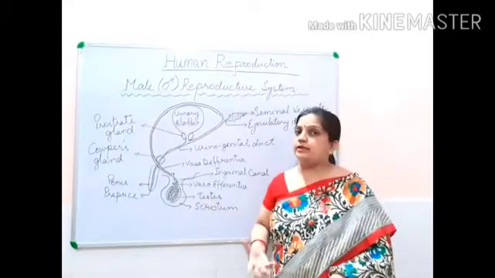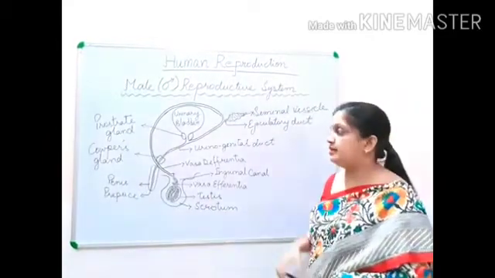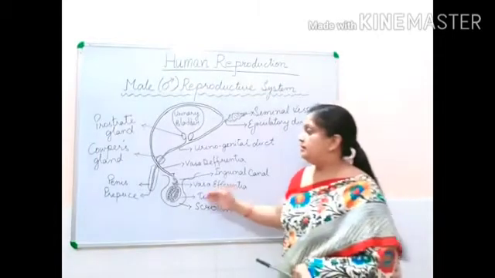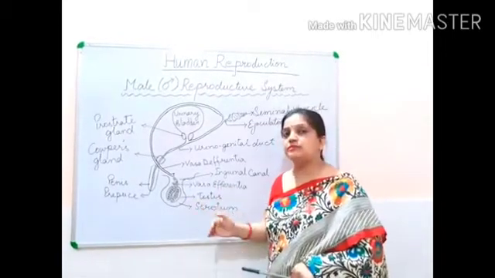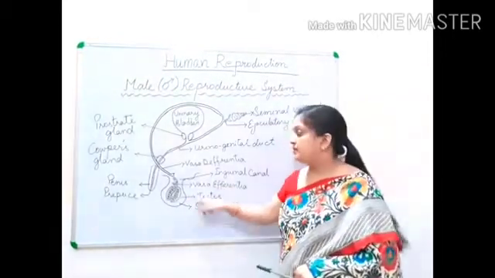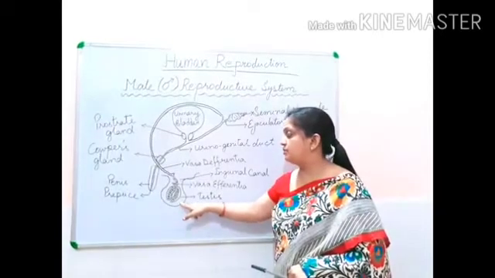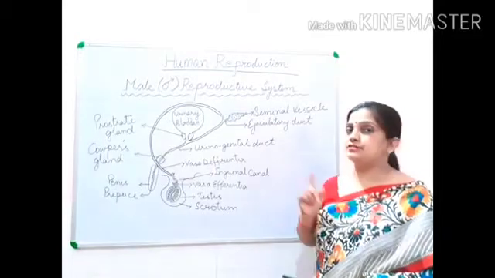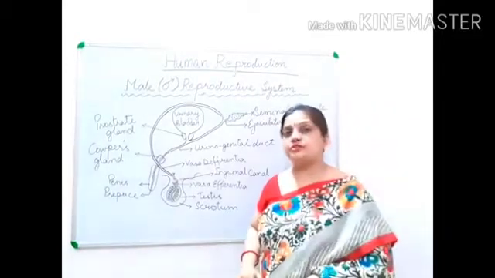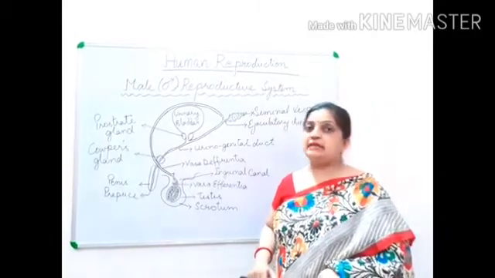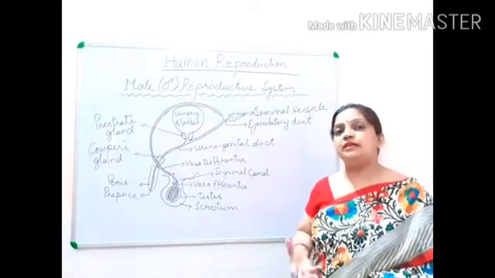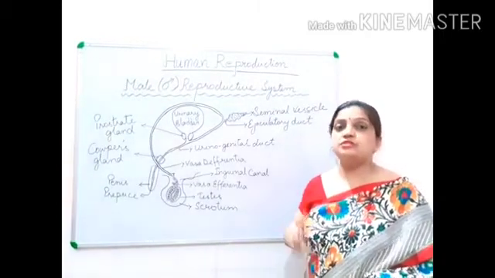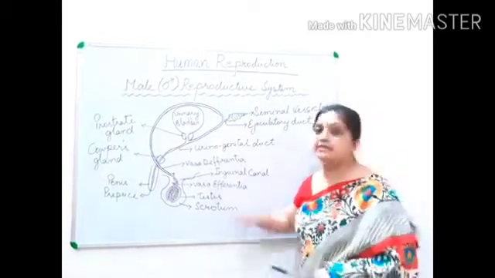Scrotum is a pocket-like structure. There is a reason why the scrotum is outside. Inside the scrotum, the testis is located, and the testis is responsible for the production of sperms. And sperm needs a very low temperature to develop inside the testis.